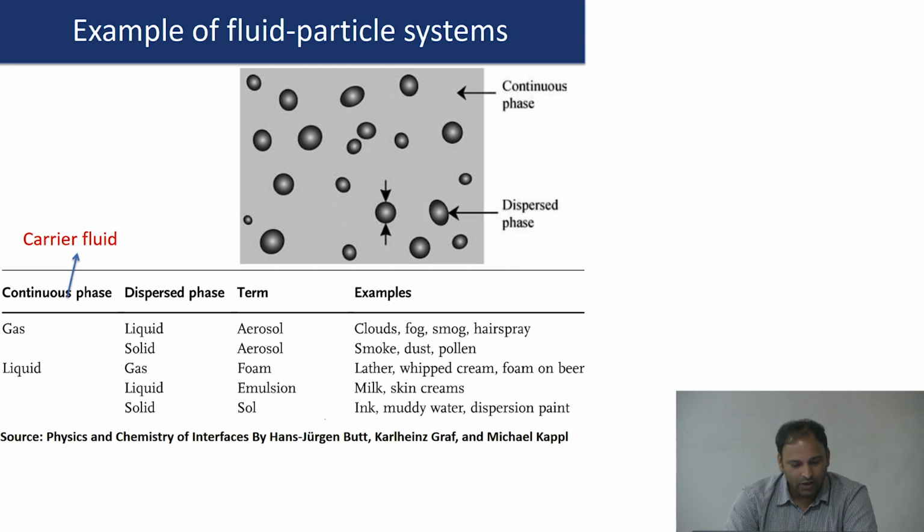If you have liquid droplets dispersed in gas, or solid particles dispersed in gas, you have what is called aerosols, right? And again, aerosol research has a lot of importance now, because of pollution and stuff like that. So examples of aerosols would be your fog, smog, smoke. All of these are examples of aerosols.